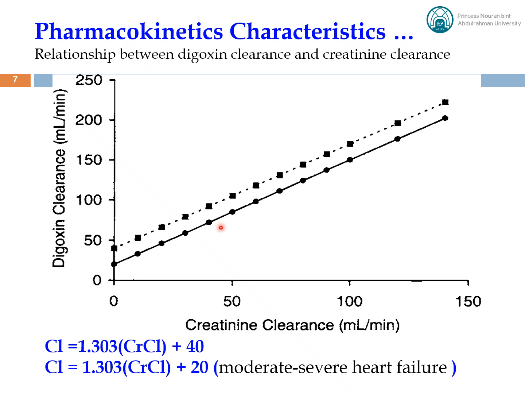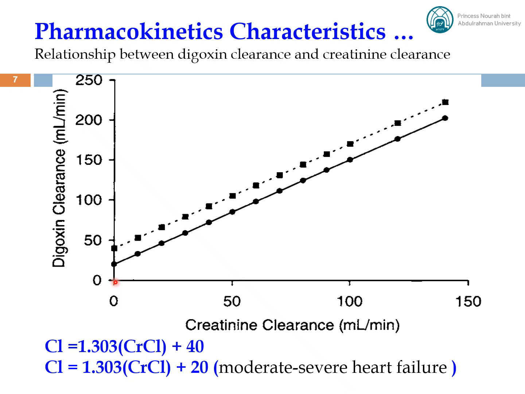As you can see, the clearance of digoxin, Cl here, equals 1.303 multiplied by the creatinine clearance plus 40. What is 40? 40 is the non-renal clearance, which could be, for example, in our case, a little bit the liver metabolism, which ranges previously from 15 to 20%.